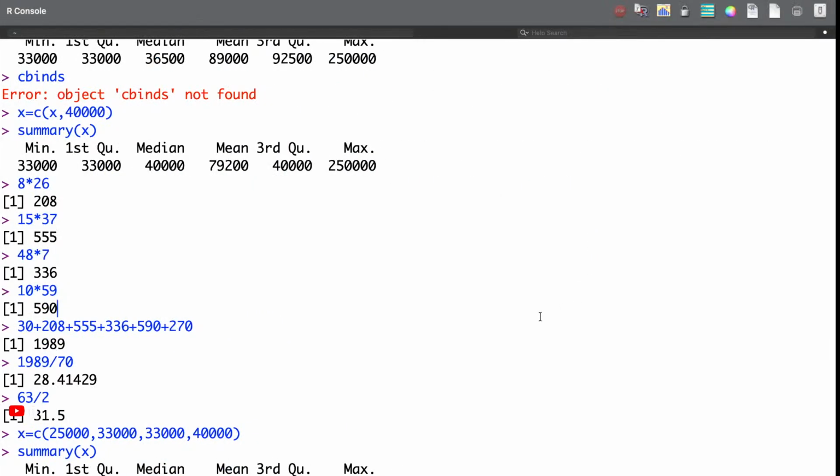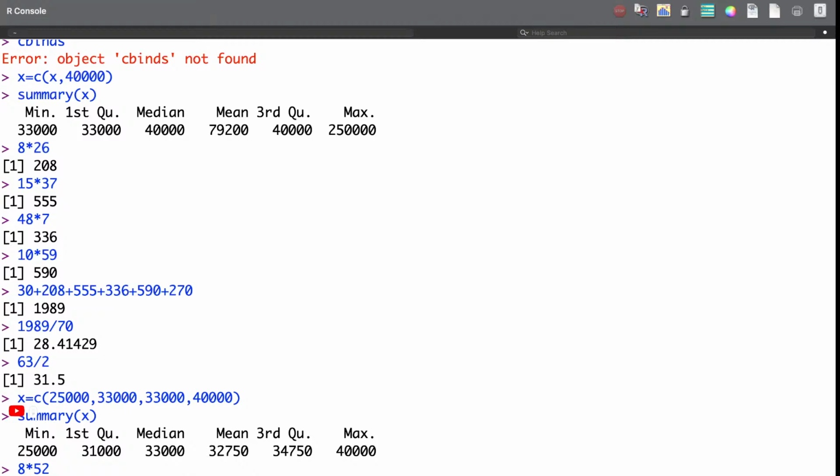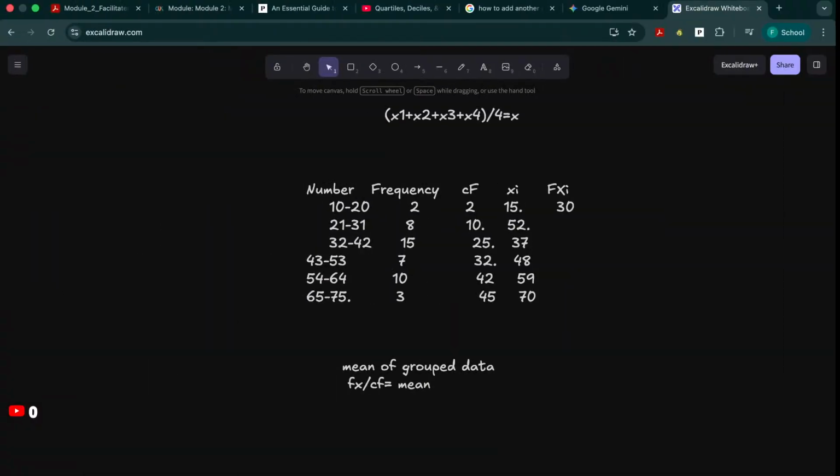You can also use R to do the same math. So you write here 8 times 52. Okay, here we have a mistake.